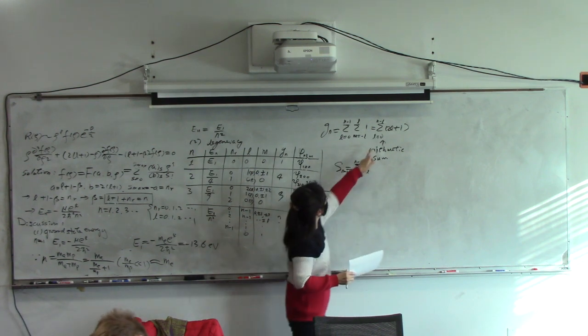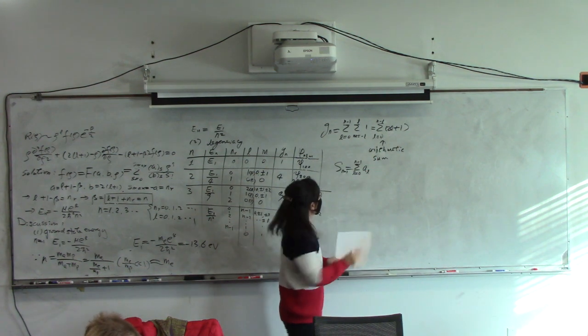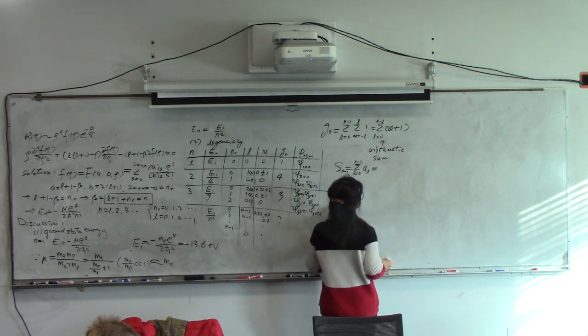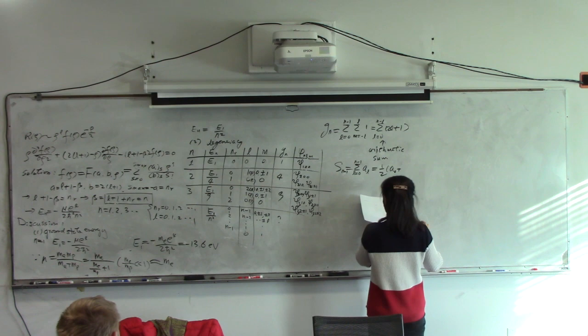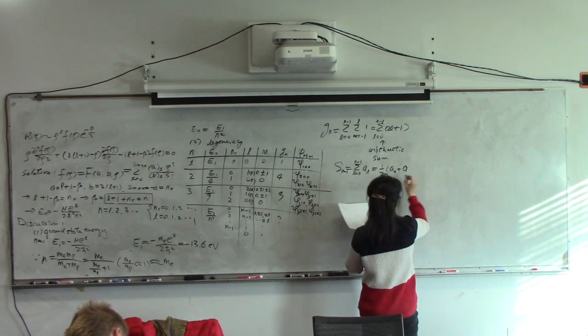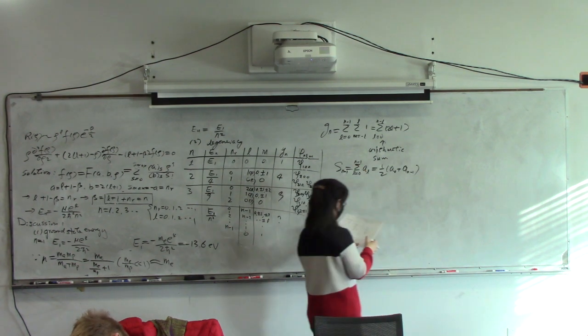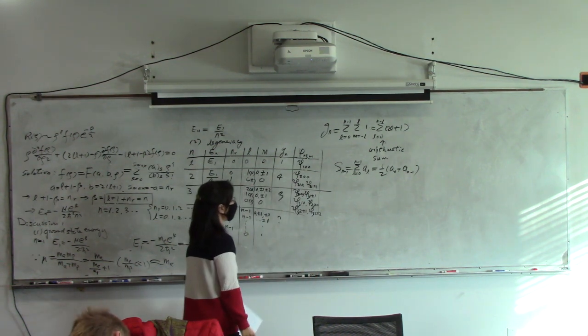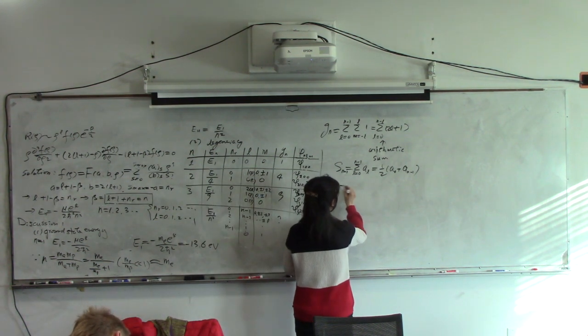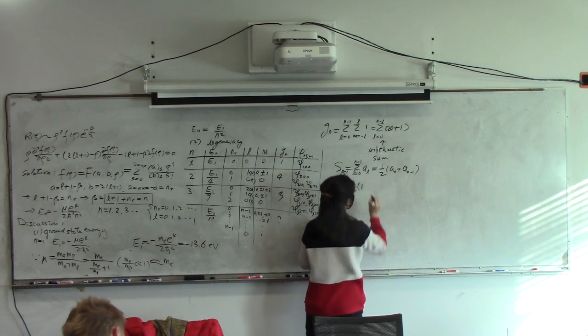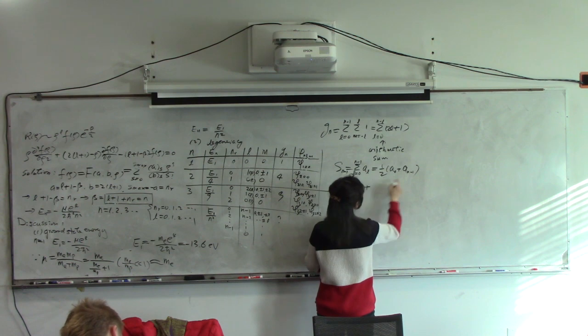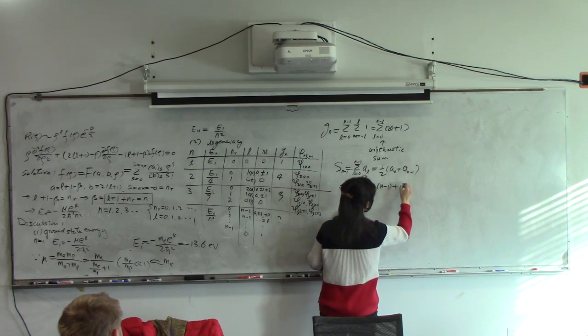So that is the sum of 2L plus 1. So for this summation, we know that it gives us half of n times the first term, A naught, plus the last term, A at n minus 1. If you remember this. So that is simply half of n times A naught when L equal to 0, so that is 1, right? And when L equal to n minus 1, that is 2 multiplied by n minus 1, plus 1.